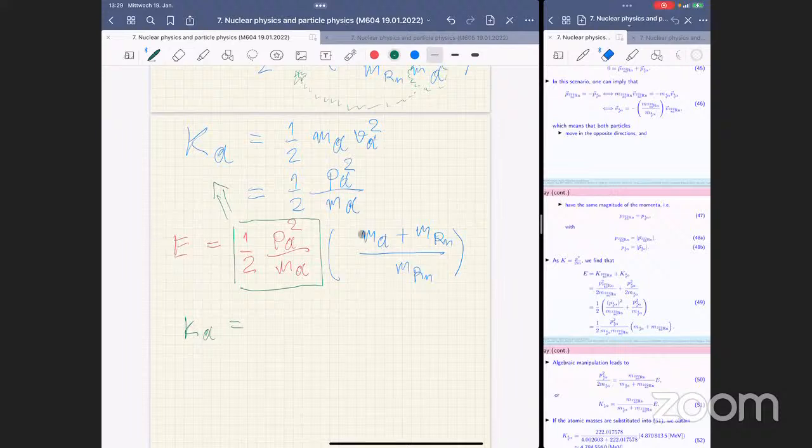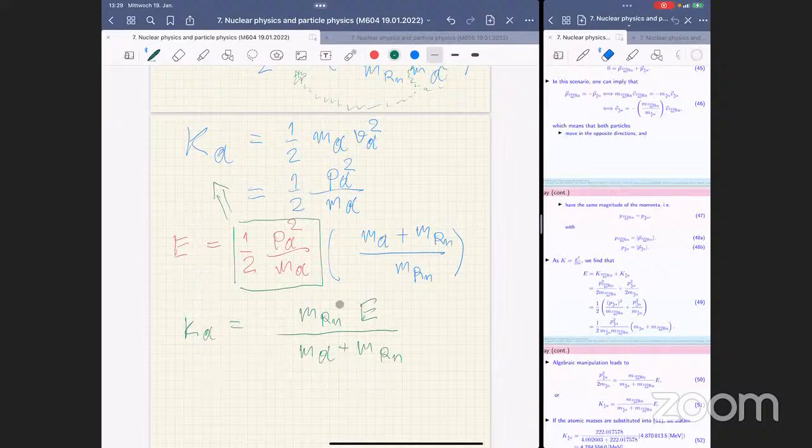The summation as numerator will appear as the denominator on the left-hand side. So we would have m radon times the released energy from the previous step divided by the mass of the alpha particle plus the mass of radon. You can write the mass of radon first also. That's the thing.